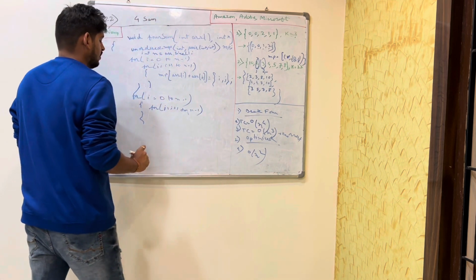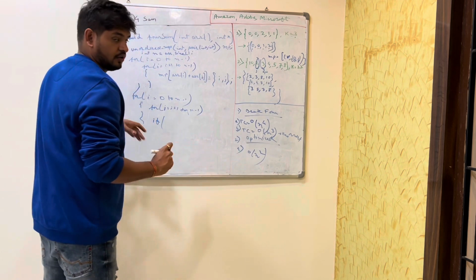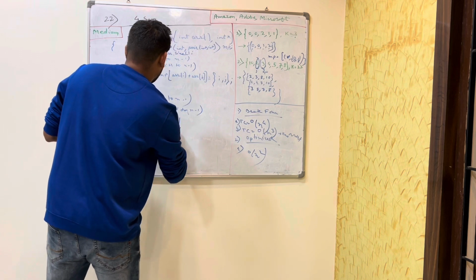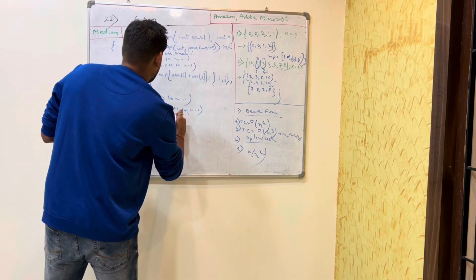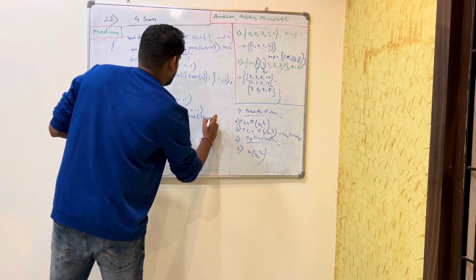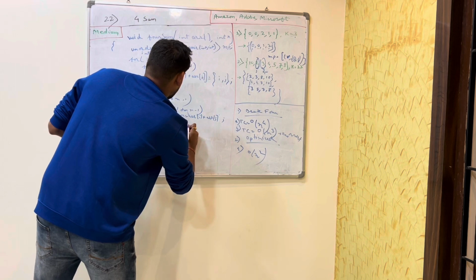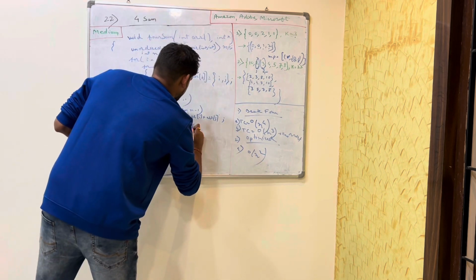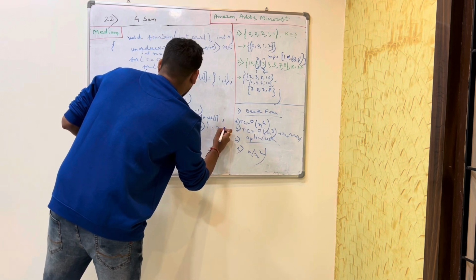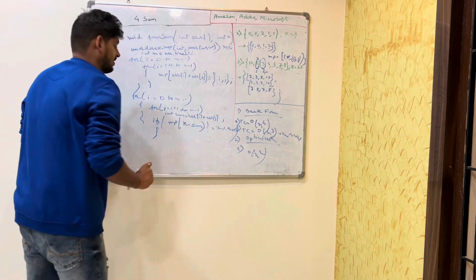What we do now is check the two-sum logic: int sum equals array of i plus array of j, and we have got the sum. If k minus sum is not equal to mp dot end, that means it is present in the map. That means we have got the numbers, right?